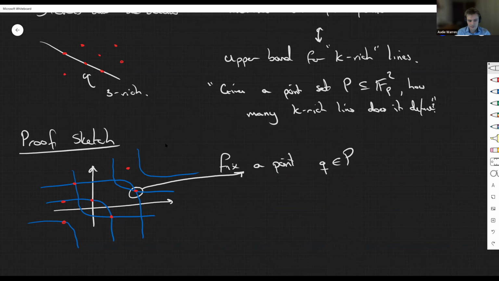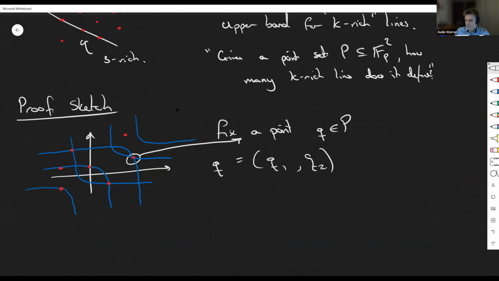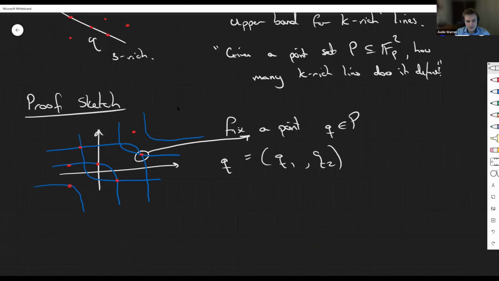Now Q can be given a label. Let's call it the pair (Q1, Q2). And we will restrict our set of transformations to only those transforms which go through this one point. If we're looking at incidences and we have fixed our point Q, we're no longer interested in any of these transforms which don't go through our point. They don't matter at all now.